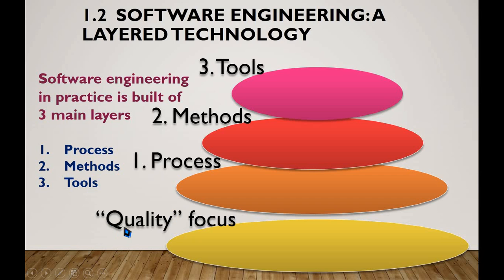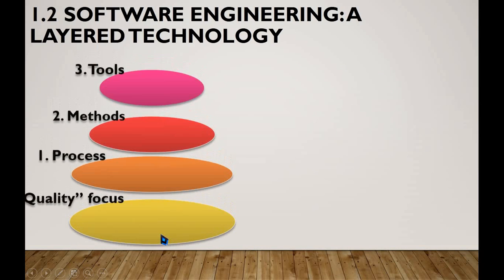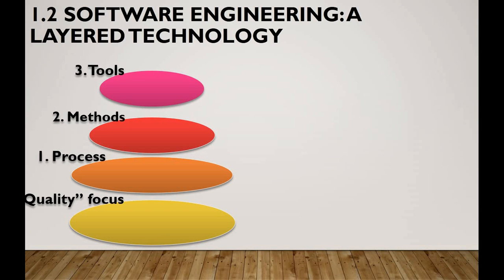For achieving that product quality, we will use three main layers. First layer will be process, second layer will be methods, and third layer will be tools. By using these three things, we will achieve quality of our product. So this is that layered technology.